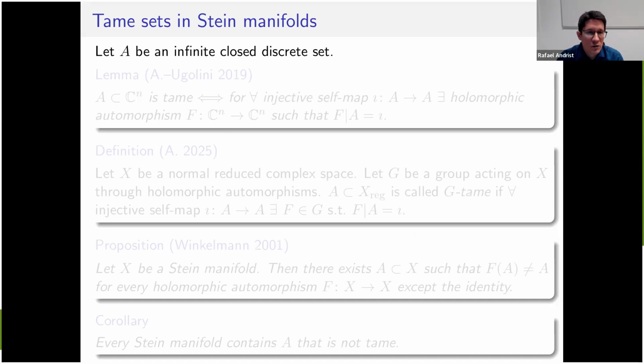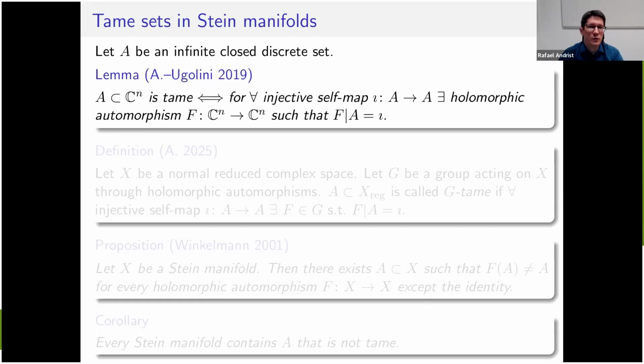And there is also another competing definition by Winkelmann, but for interesting classes of examples, our two definitions agree. So what we came up with is the following. We say a set is tame if for every injective self-map of the set, there exists a holomorphic automorphism that does precisely what this self-map does when we restrict it to the set.